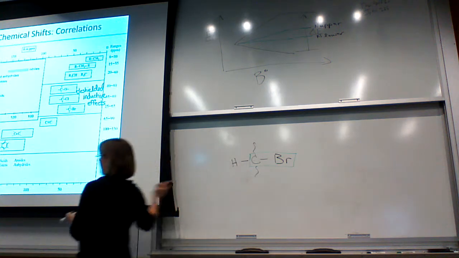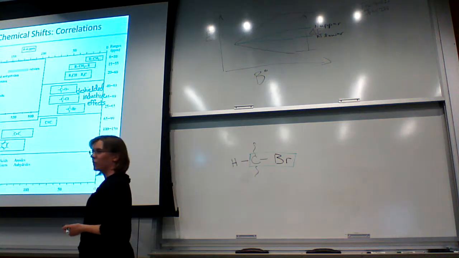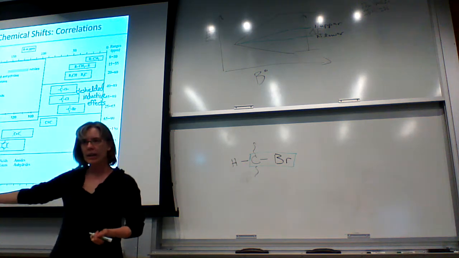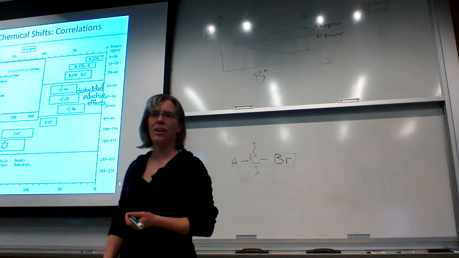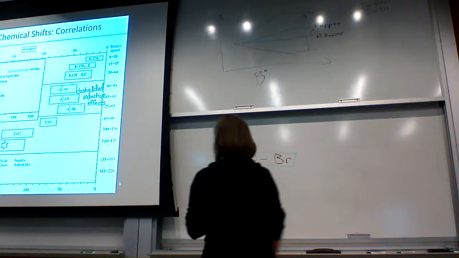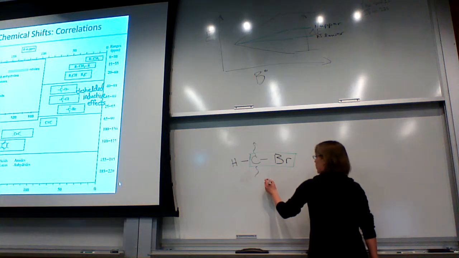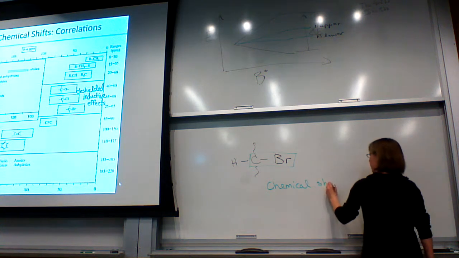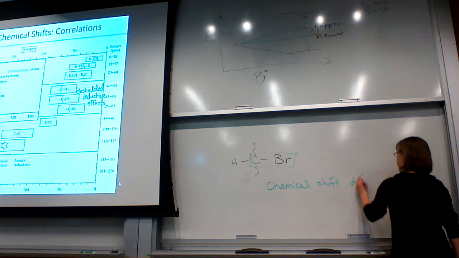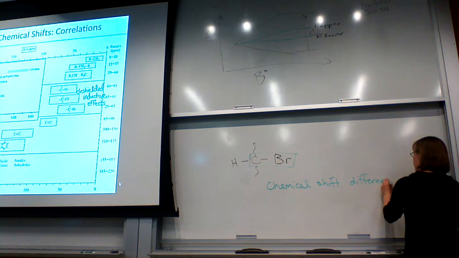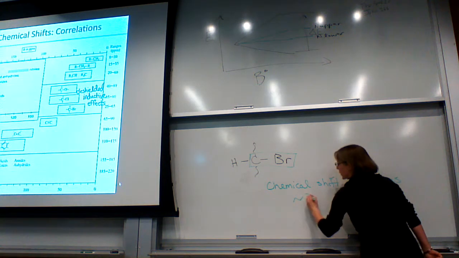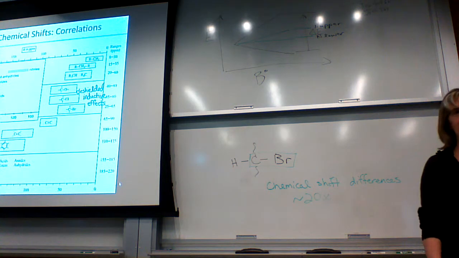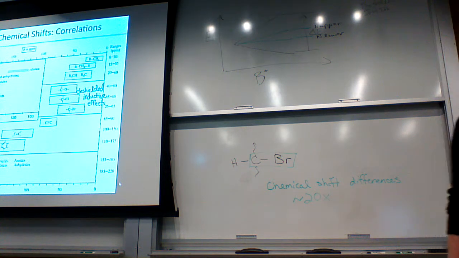This spreads the entire spectrum out, so instead of going from 0 to 12, we're going from 0 to 240. It's almost 20 times as strong of an effect. So your chemical shift differences are approximately 20 times as great an effect as it would be for the proton.